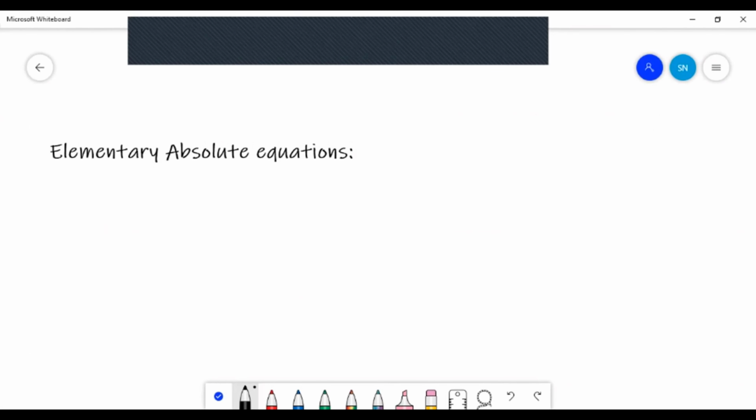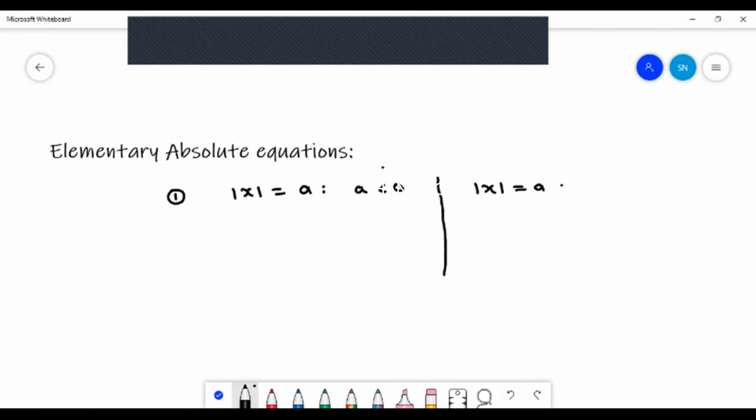So the first observation is modulus of x is equal to a. Then obviously we'll get different cases. Modulus of x is equal to a when a is less than 0, this is the first case. And modulus of x is equal to a when a is equal to 0. And modulus of x is equal to a when a is greater than 0.